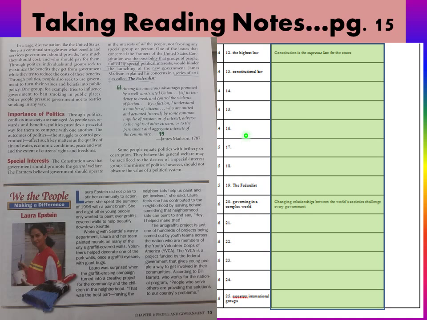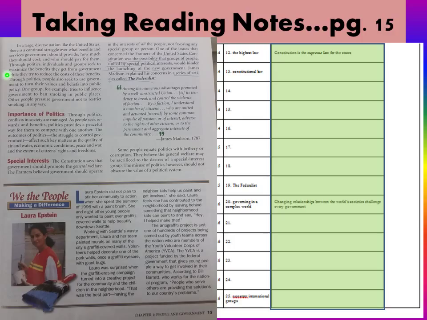So for number 16, you should have written seeking government benefits. And while it gives all these little examples like the smoking, the thing that sticks out to me is right here. Through politics, individuals and groups seek to maximize the benefits they get from government while trying to reduce the costs of these benefits.